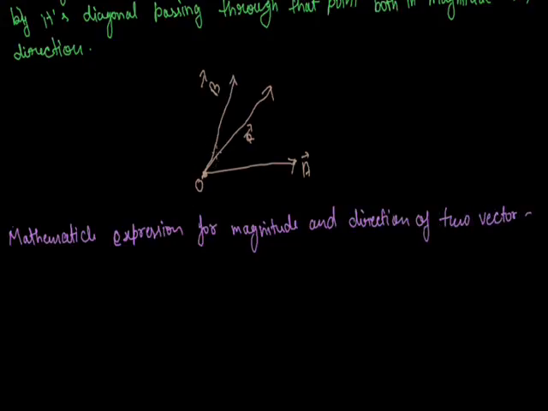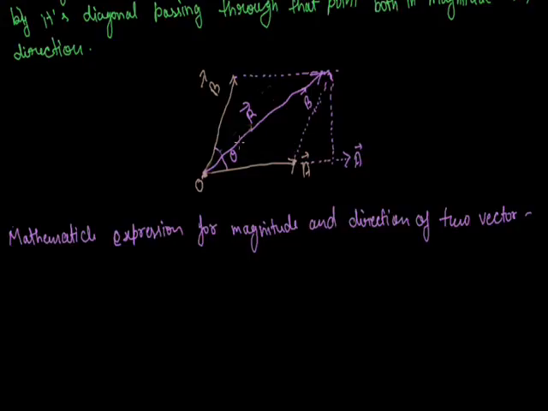Suppose the angle between two vectors is theta. So we can draw a line parallel to the B vector. This is called B. So a perpendicular is drawn at A vector.